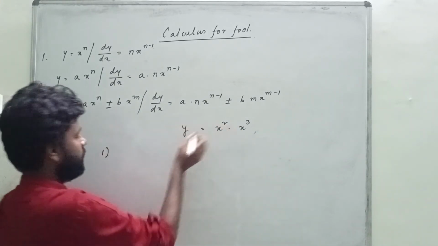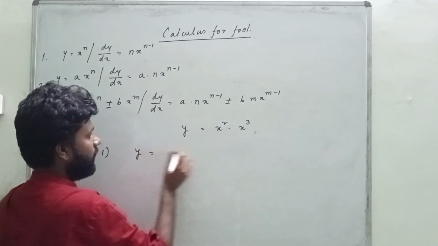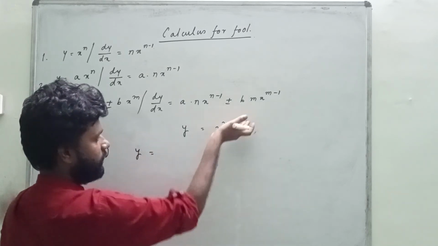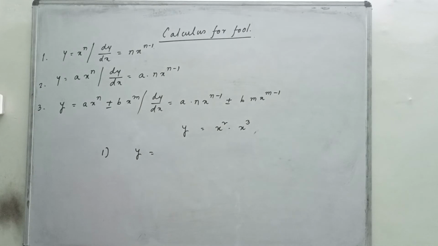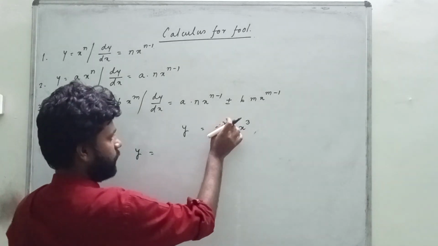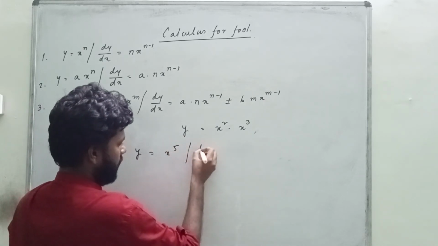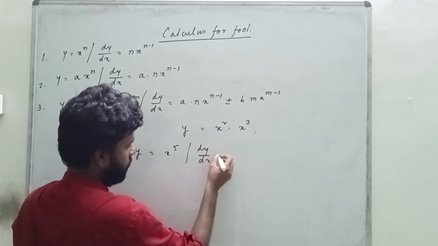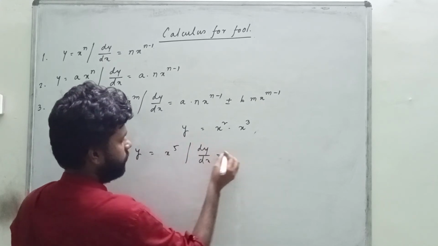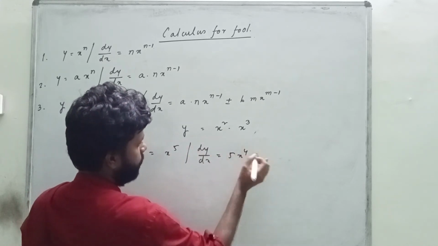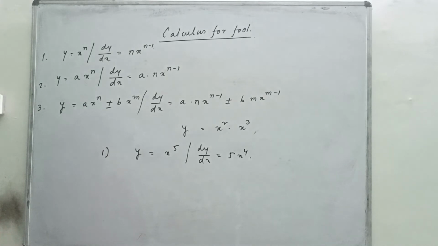Just write y equals x squared into x cubed. It is just your class 8 formula, like laws of index. 2 plus 3 is 5, so it is x power 5, and dy dx goes to 5x power 4. It is very simple.